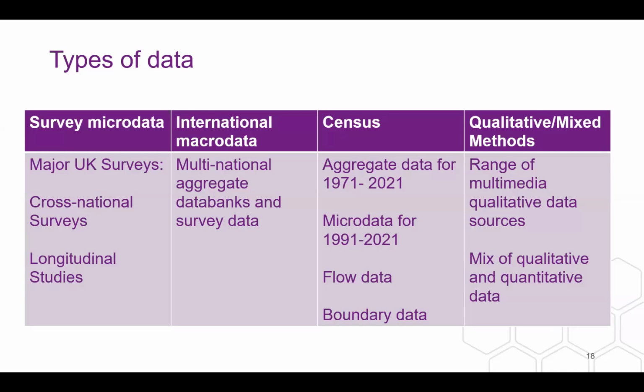Flow data and boundary data too. And finally, there's the qualitative and mixed methods section, which is self-explanatory as it contains multimedia qualitative resources such as interview extracts and general writings, and a general mix of quantitative and qualitative data resources.